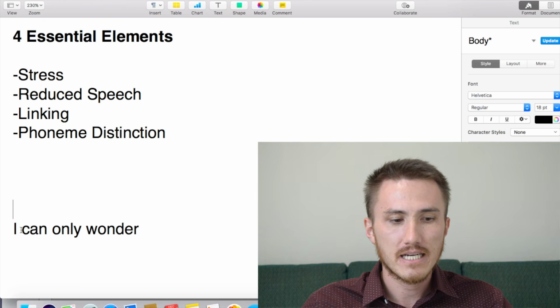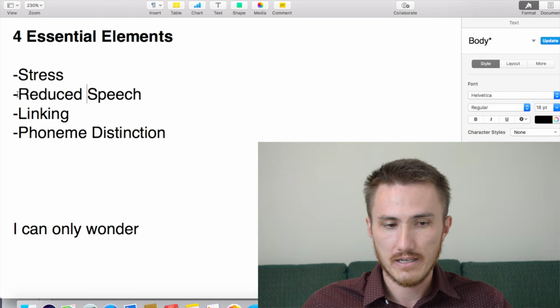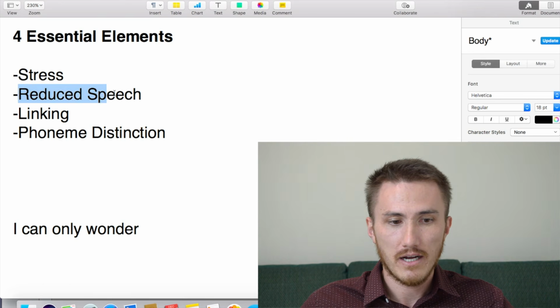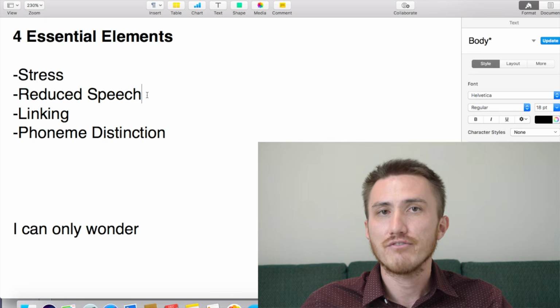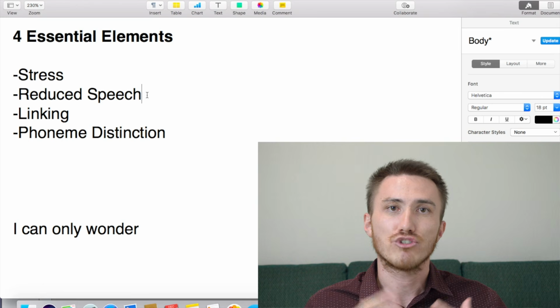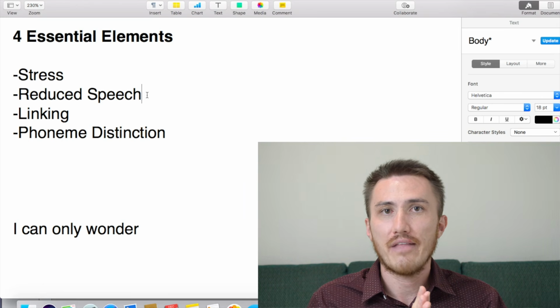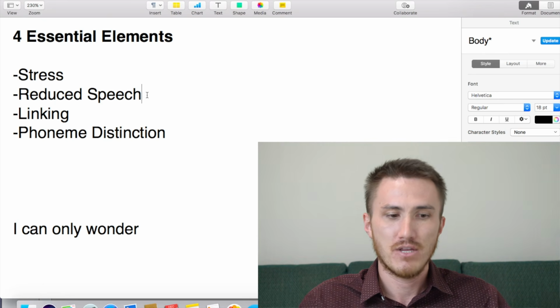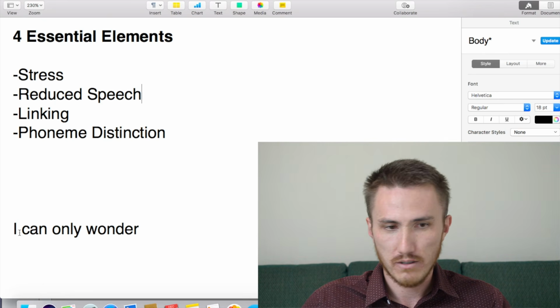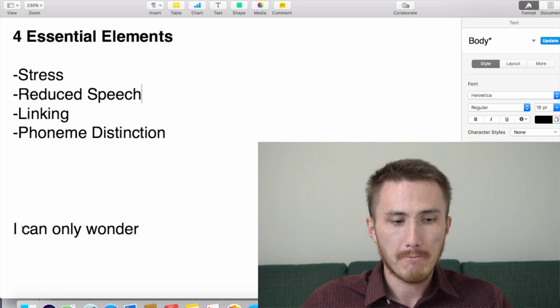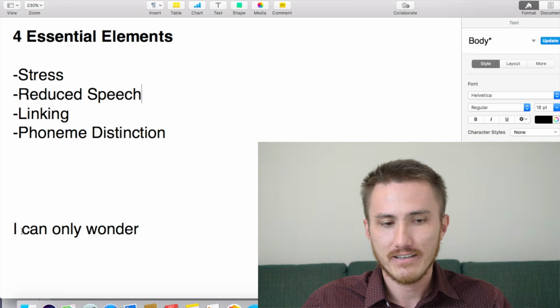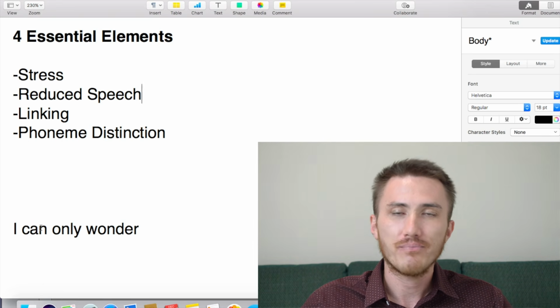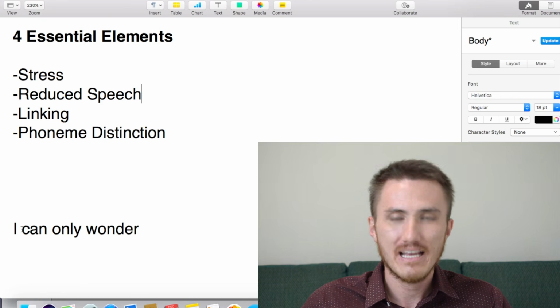And because it's unstressed, in this case, it becomes reduced speech. So unstressed syllables often become reduced speech. This means that they become so short that their pronunciation actually changes a little bit, okay? So you, as an English learner, might say, I can only wonder. However, native speakers would not say can.